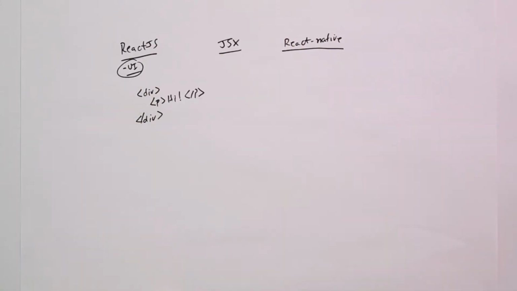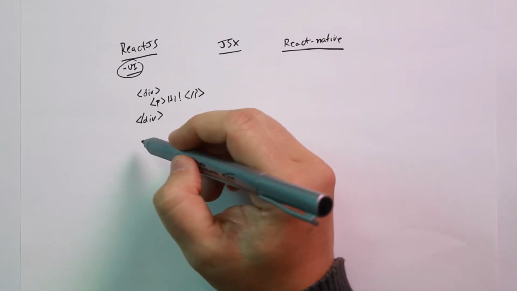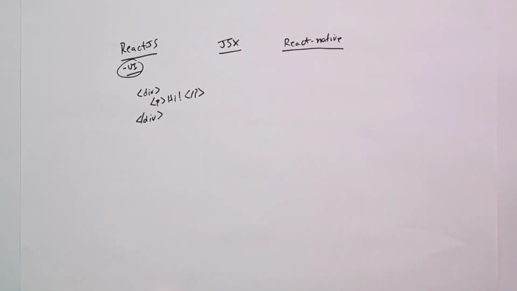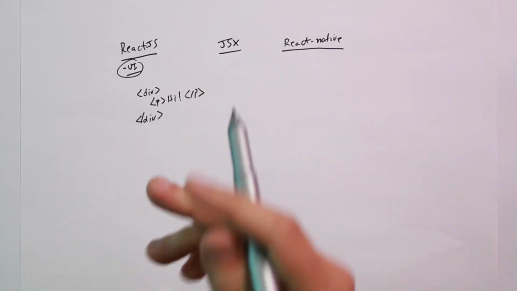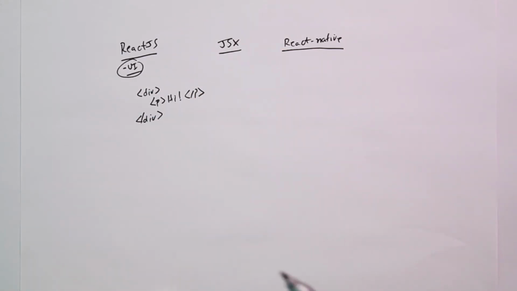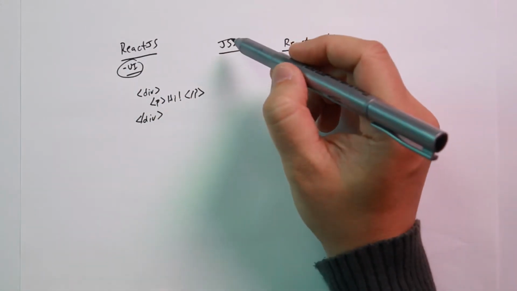So what is the thing? If we use just ReactJS to create this kind of structure, we need to create an imperative structure. We need to create every element by hand, and it's too much work to do this. So the React team created JSX.